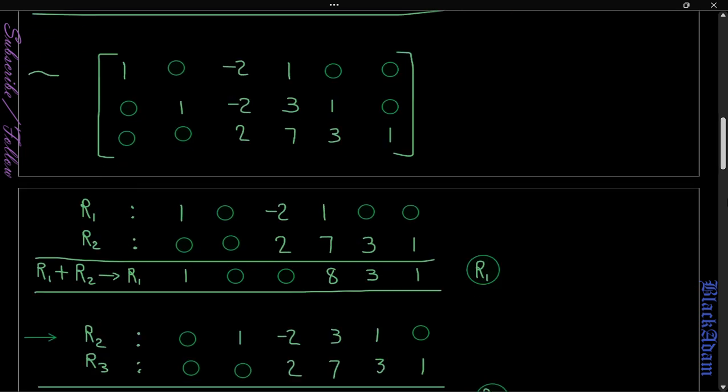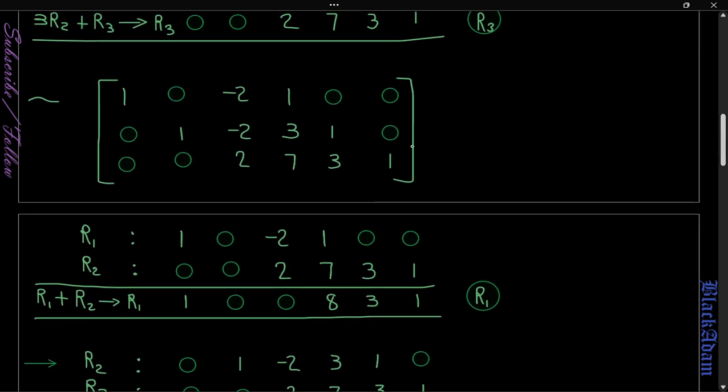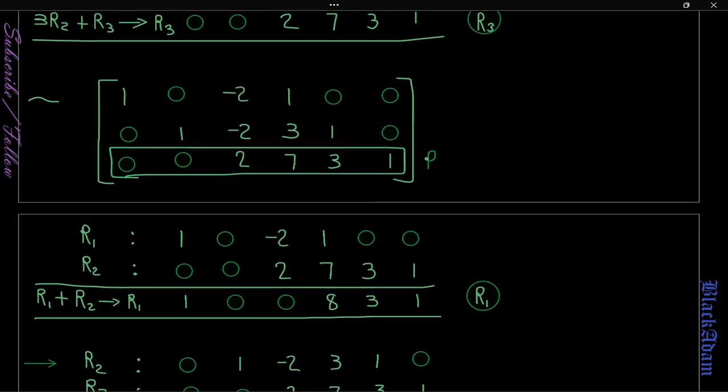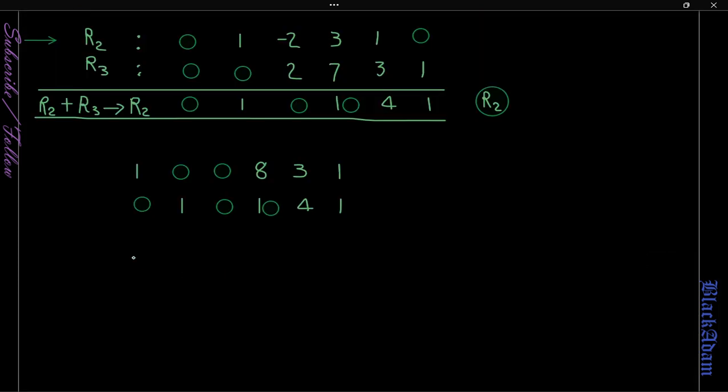Then from there we create a matrix, so that's 1 0 0 8 3 1, and then 0 1 0 10 4 1, and then we have row 3, which is 0 0 2 7 3 1, and that is our new matrix.